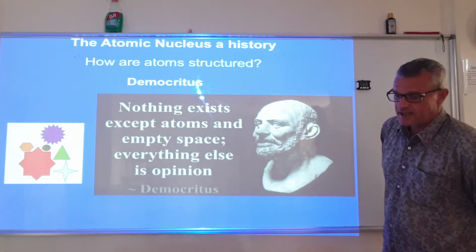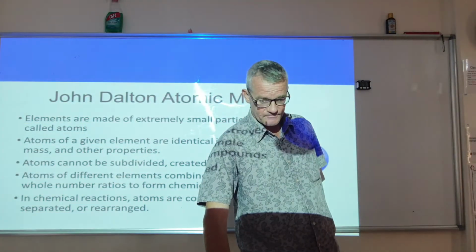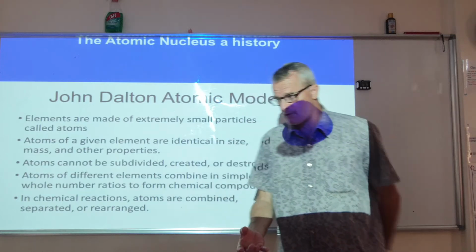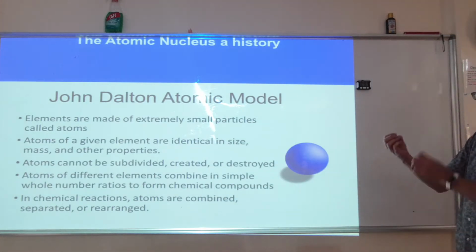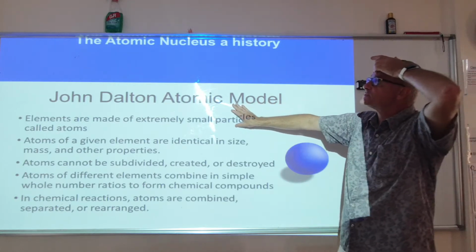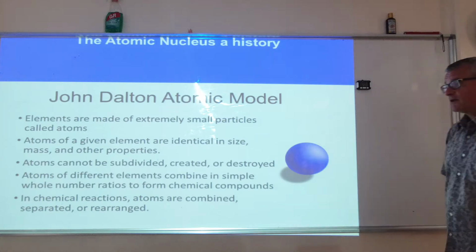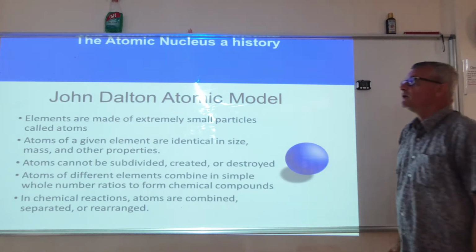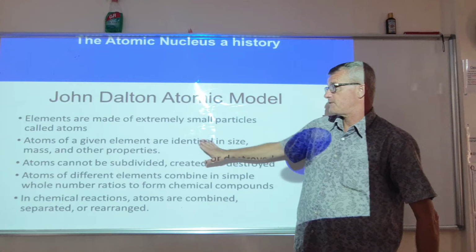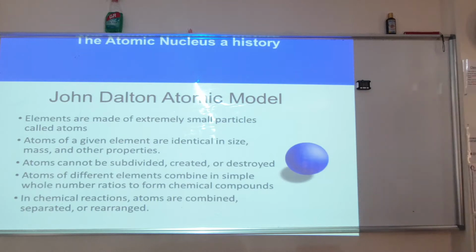Then we move on to the 19th century to John Dalton. He already made some models about atoms and how they interact. First of all, he described that atoms are very, very small particles. All the atoms of a given element are identical in size, mass, and other properties.